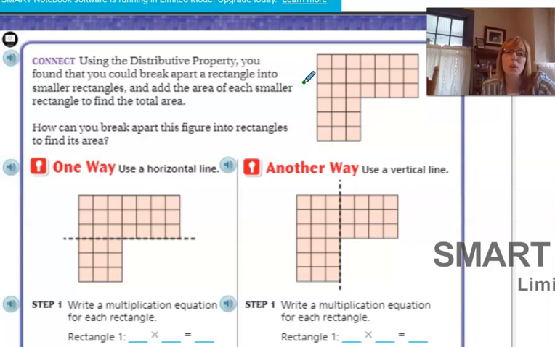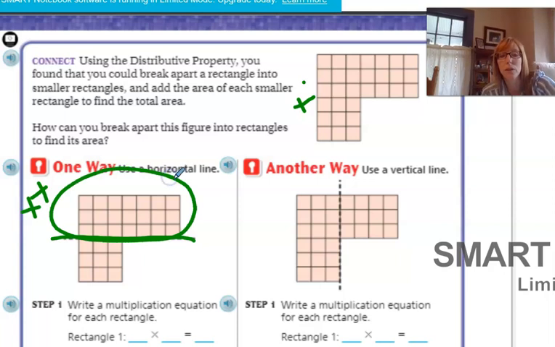Okay, and we're going to look at it down here. So everybody just look down, and it says use a horizontal line to break it apart. So you can see this shape right here is exactly this shape down here. And they want you to be able to see that you could take that and you could have a rectangle here and then another rectangle here.